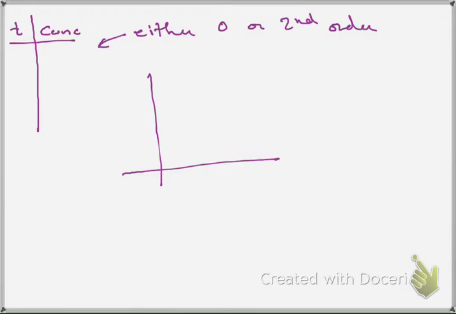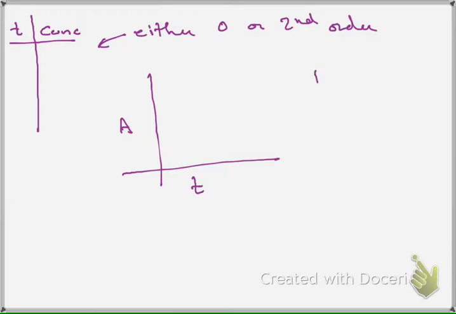And then you graph it, right? And the data is either 0 or second order. And you graph it like this. You say A versus T. That's known as a zero order plot. This is the concentration graphed against time, known as a zero order plot.